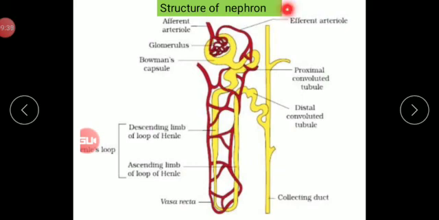In this way, the nephron plays a vital role in urine formation. So this is regarding the structure of the nephron.